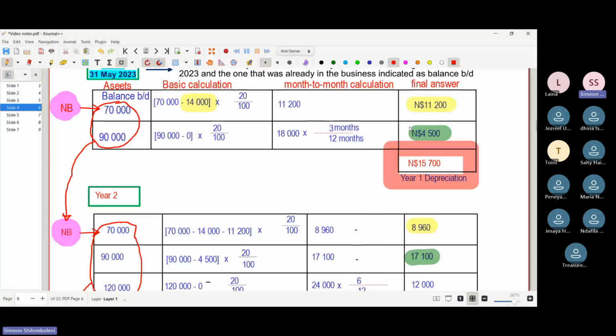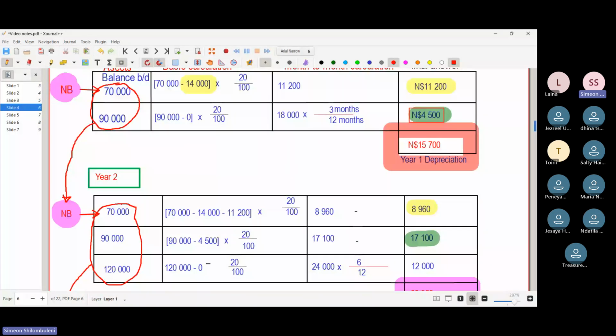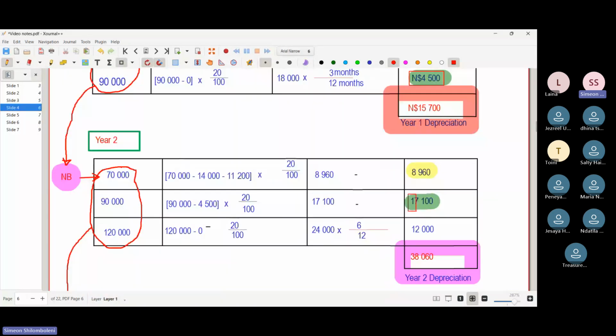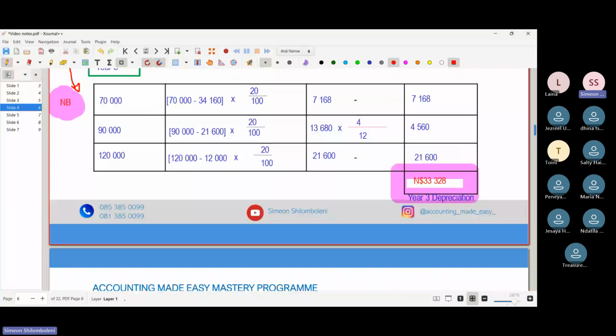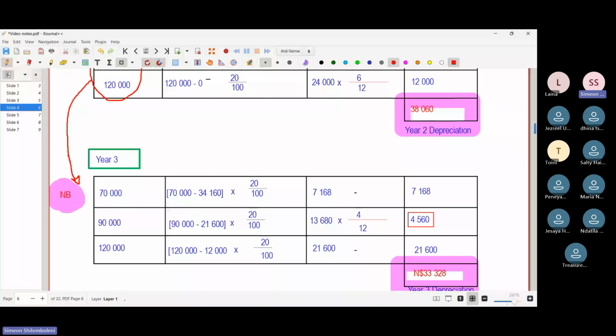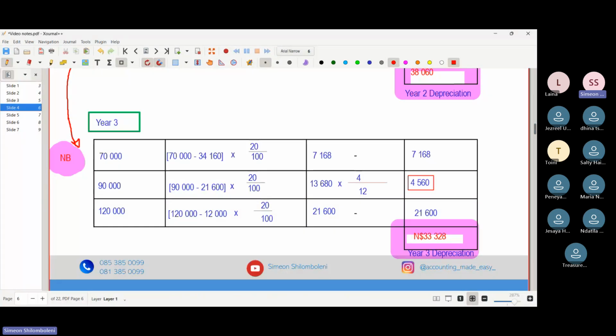It was 4,500. How much was the depreciation for the second year? It was 17,100. How much was the depreciation for the third year? It was 4,560. You add together all those three depreciations, because remember, when an asset is sold, every depreciation for that specific asset must be deducted. Like a child going to another school, all the bags, all the shoes, everything for that child must also be taken out.